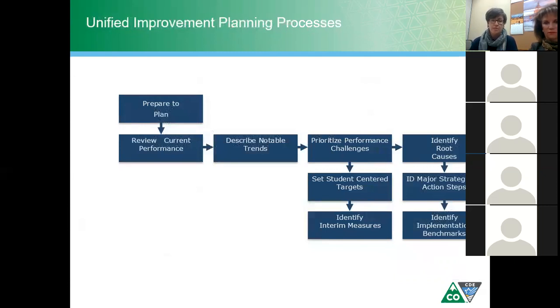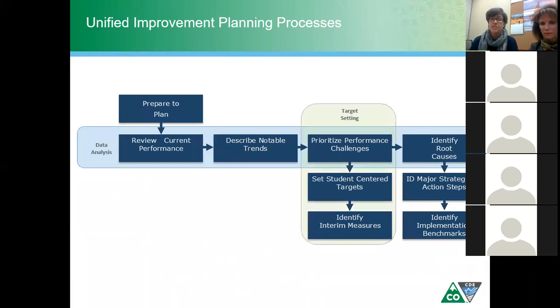The first element is acknowledging the data analysis. So this is, again, capturing what is in terms of your performance data over time. We are going to look at performance data for our current performance, our trends and our performance challenges, and then really look to adults and systems as a part of our root cause analysis.